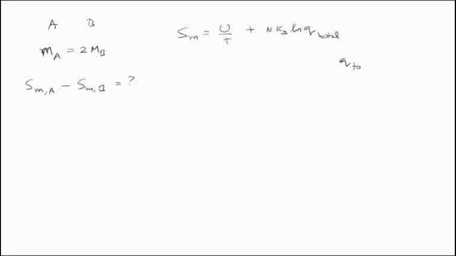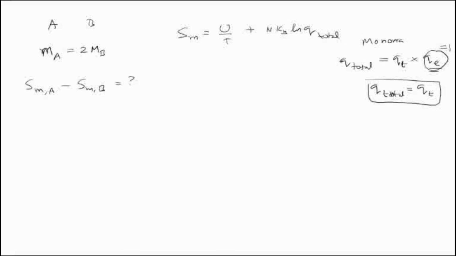For monatomic gas, this Q total is equal to Q translational. Actually, we should include the electronic partition function, but for most monatomic gases, the electronic partition function is equal to 1. Therefore, we can say the total molecular partition function is equal to the translational partition function in the case of monatomic gas.